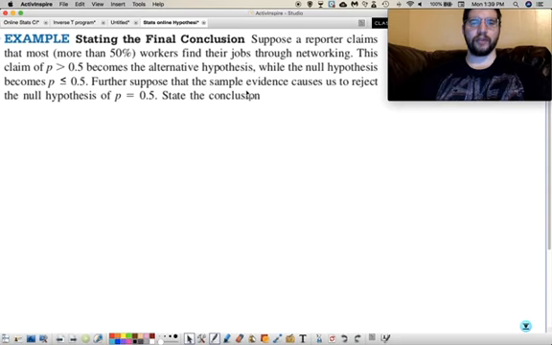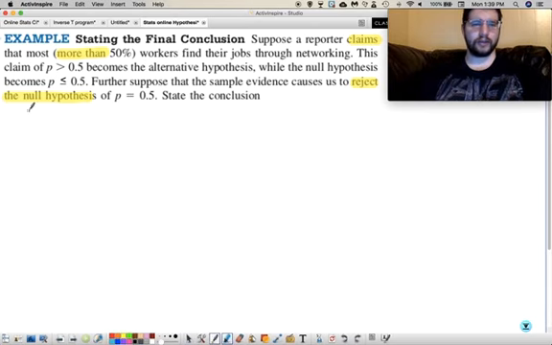Further, suppose the sample evidence causes us to reject the null. So we're going to state the conclusion here. It tells us we rejected the null. And the claim is that more than 50%. That doesn't have equality in it, so that is the alternative.